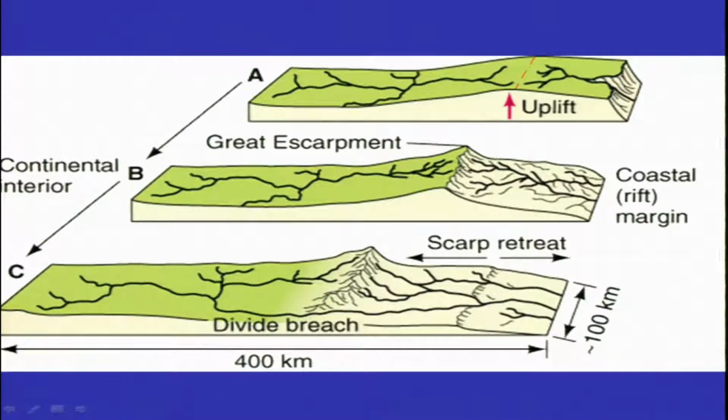Because of the headward erosion, which is moving in this direction here, and the erosion is taking place like that, okay, the time will come that some areas will be breached, and this is what we say is breach of the divide, okay, and the whole drainage, for example, is now taken up by this one, okay. So some of the streams here may be dried up, and that is what we call the paleo channels, okay, and it will be either in the form of a wind gap or a paleo water gap.